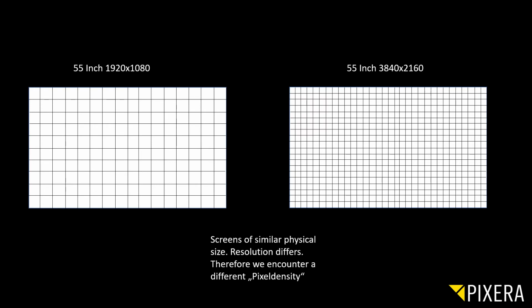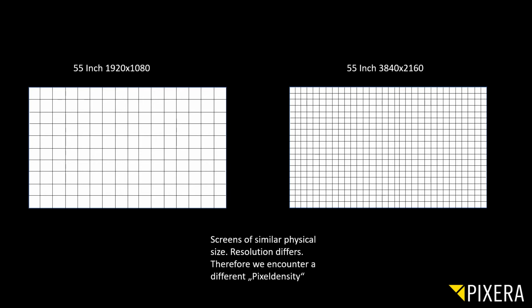Now, the inner compositing is the reason why we have to deal with different pixel densities. Whenever I say the pixel density differs, we are dealing with screens of the same physical size in our auto-compositing. However, the pixel space is different, like in the real world.